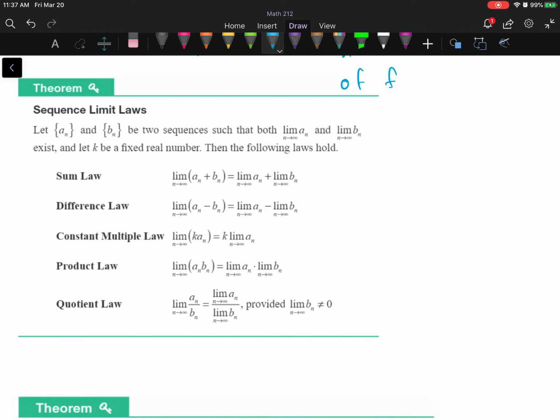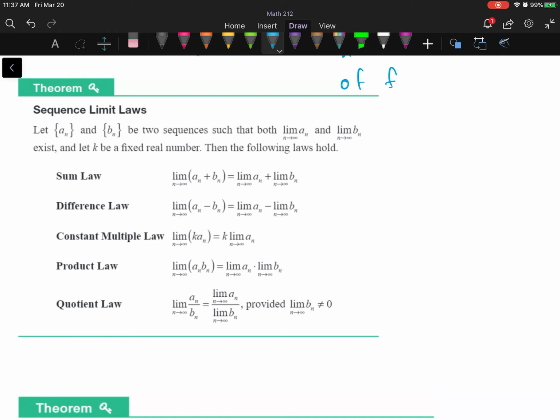Moving on to the limit laws. Here we have a bunch of limit laws. It's really important to recognize that these limit laws only work when an and bn are two sequences that have limits that actually exist, and they are both convergent sequences.